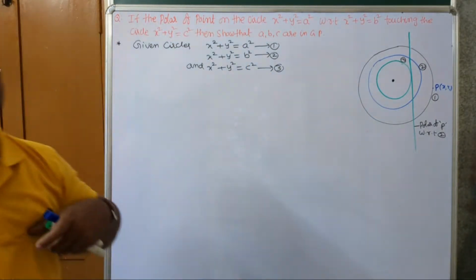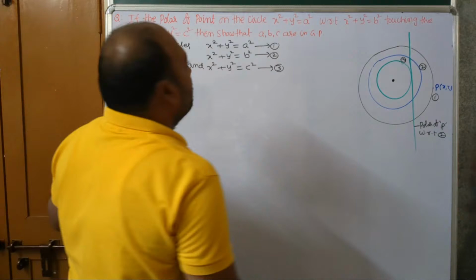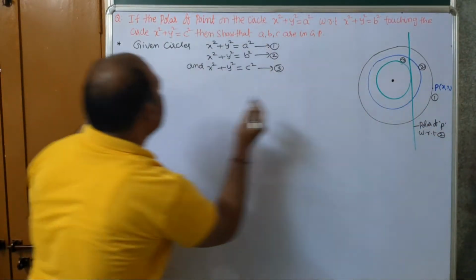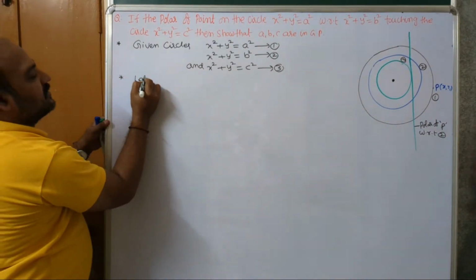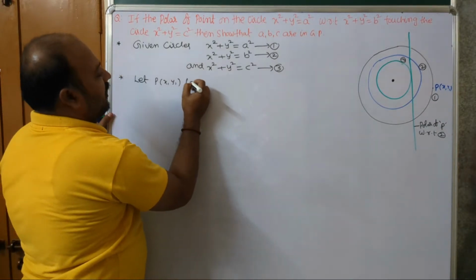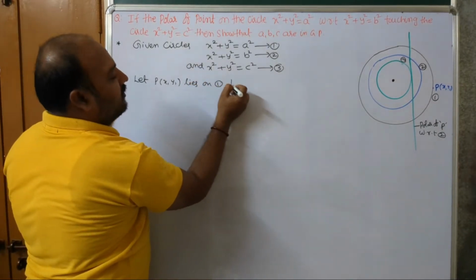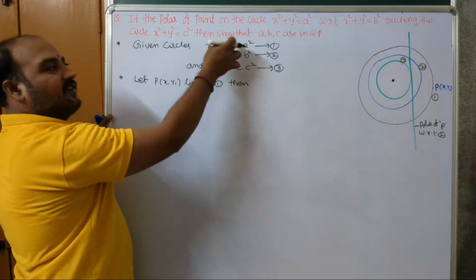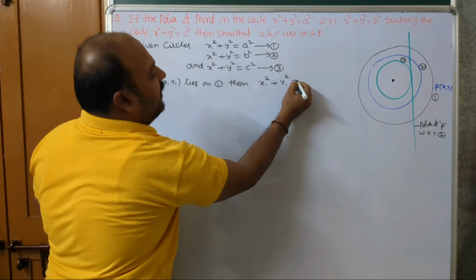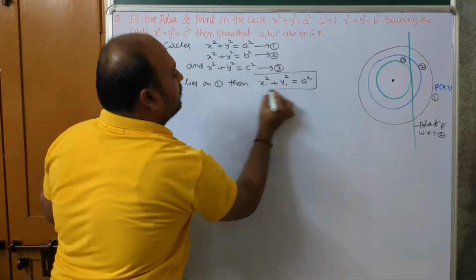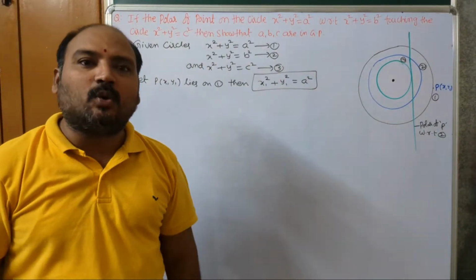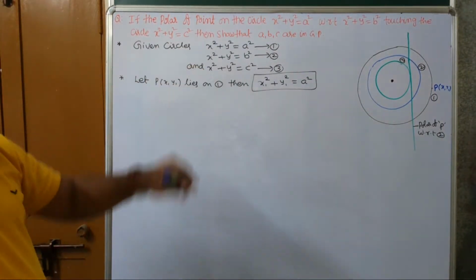The polar of a point on the first circle: let P of x1, y1 lie on equation 1. Then in place of x, y, replace x1, y1: x1 square plus y1 square equal to a square. P lies on that.